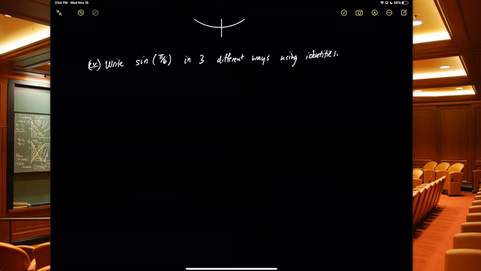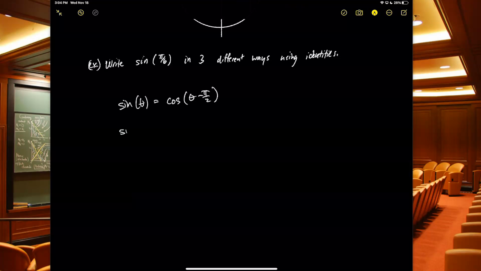So we'll write sine of pi over 6, or 30 degrees, in the 3 different ways using identities, and then we'll verify it graphically. We know that sine of theta is really equal to cosine of theta minus pi over 2.